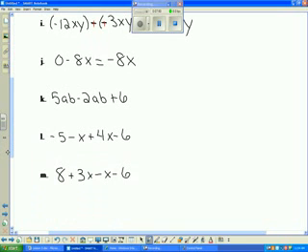Virginia, how come you don't get the 0? All right, let's have Dom. Well, tell me what your like terms are, what your common ones are.